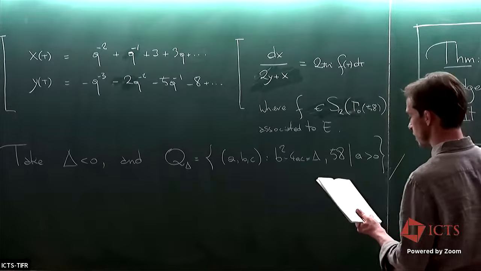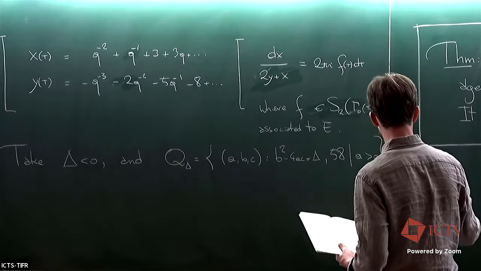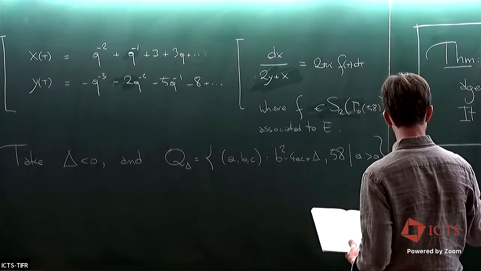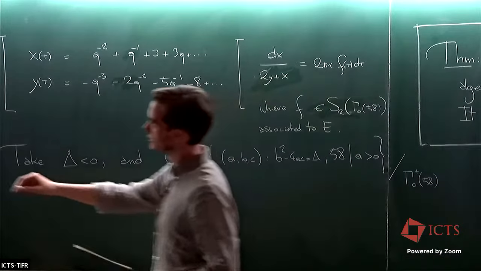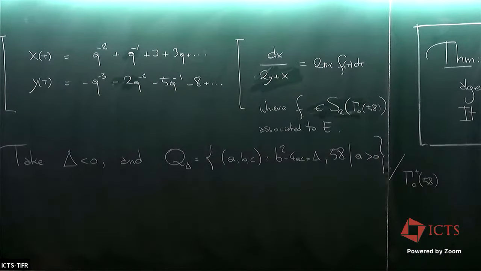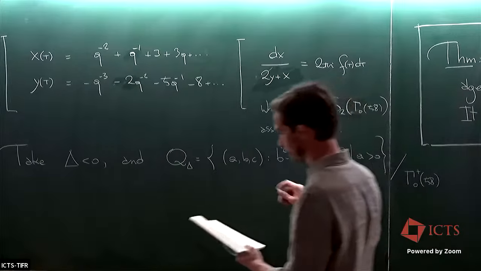And if I quotient out modulo this group gamma 058 plus, whatever that group is, the group by which I have to quotient out to get from H all the way down to E, then that's actually a finite set. Moreover, you can compute it using reduction theory, various tools, the details of which you can find more in the notes. Yeah, so it's a finite set of rational forms in this way.